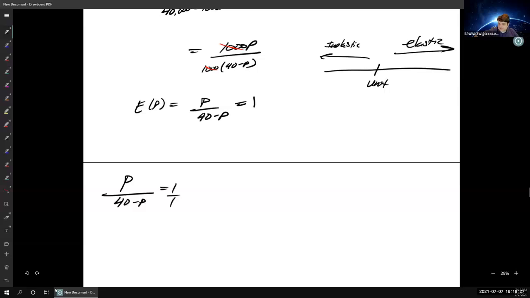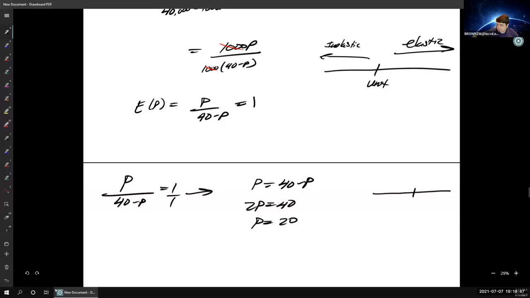So, cross multiply, and that gives us that p is equal to 40 minus p. Add p over, 2p equals 40, so p equals 20.